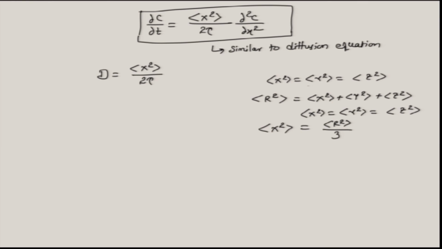If we substitute here, we get for an isotropic cubic lattice D is equal to r square by 6 tau.